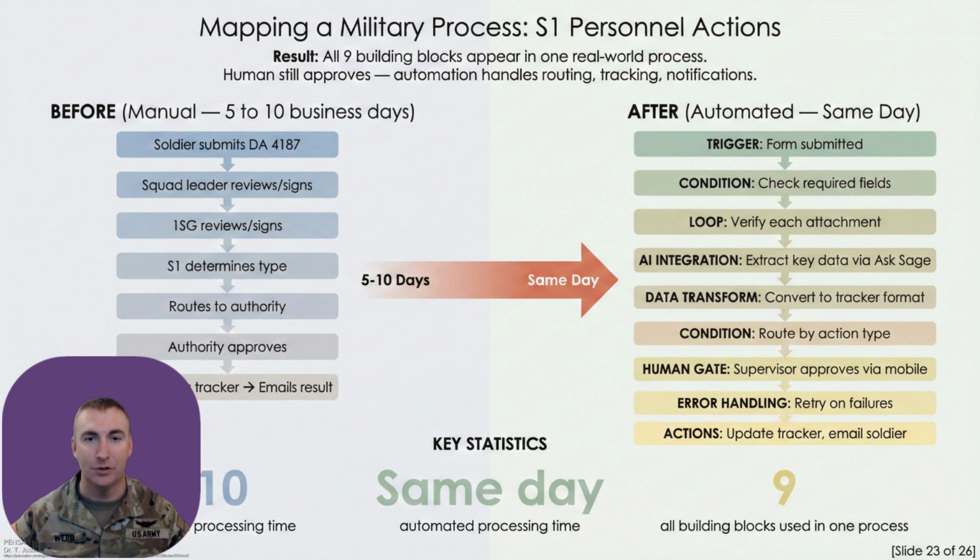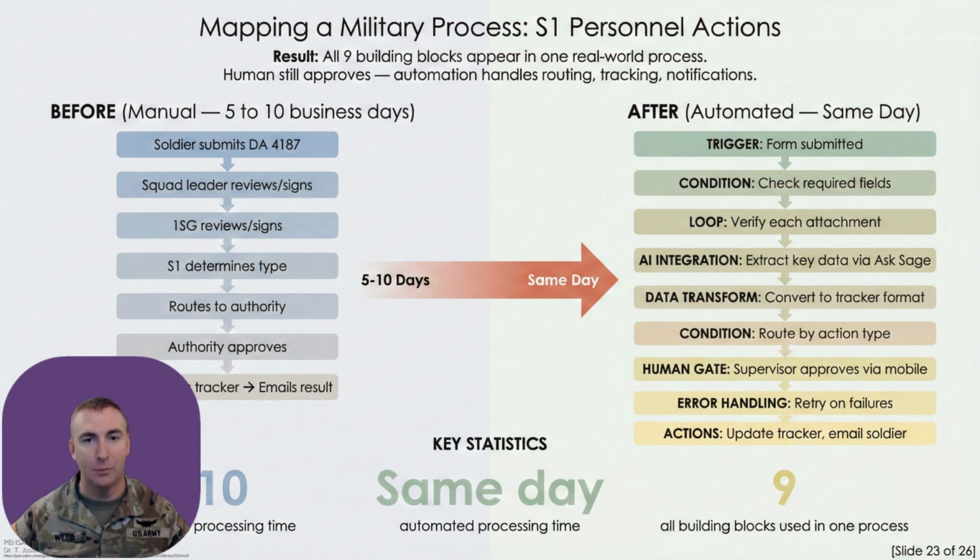Trigger on form submission, condition checks required fields, Loop verifies attachments, AI extracts data, transform matches the tracker format, condition routes by action type, human gate for supervisor approval, error handling retries failures, actions update and notify. All 9 building blocks, 1 process. The human still approves, everything else is automated.